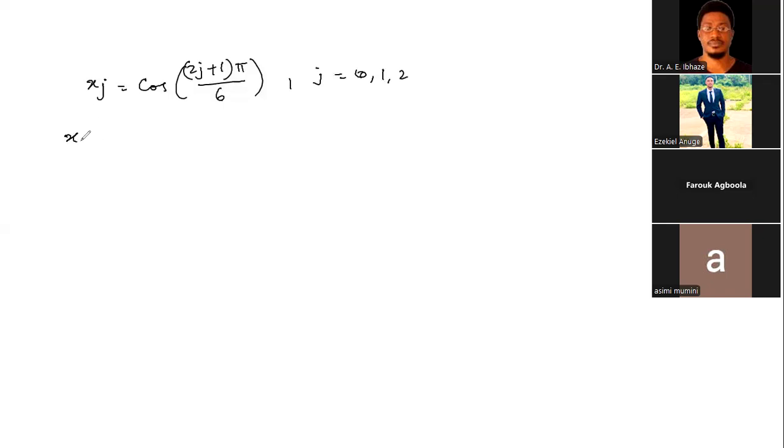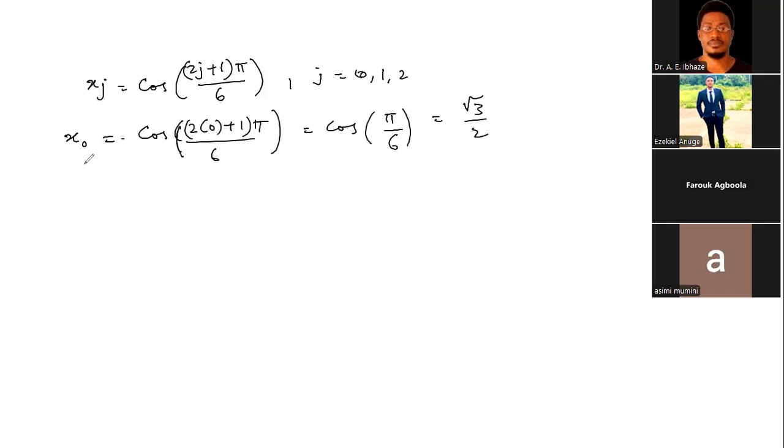So for S naught, we now have cos((2 times 0 plus 1) pi over 6). So that will be cos of 0 plus 1 times pi, that will be pi over 6. And we know that this is the same as square root of 3 over 2, right?